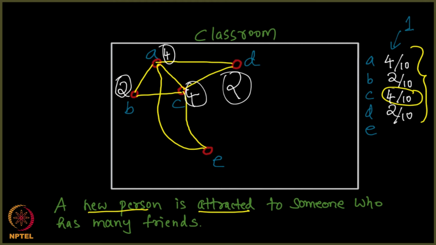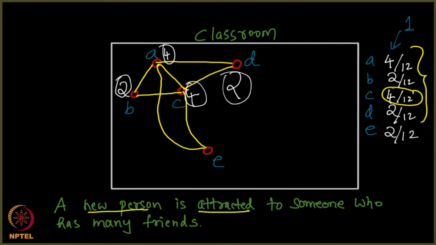So it is no more 10, you see. What else is it then? It's going to be the sum of the degrees, which is 12, correct? So I'm going to write 12, 12, 12 and 12. E also has 2 degree. So E contributes again 2 divided by 12.